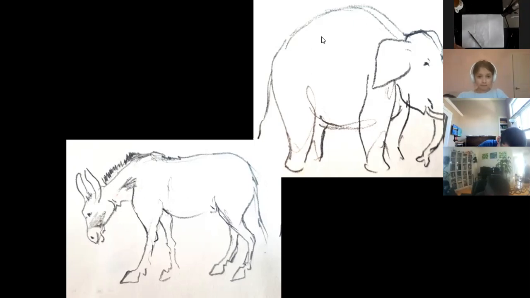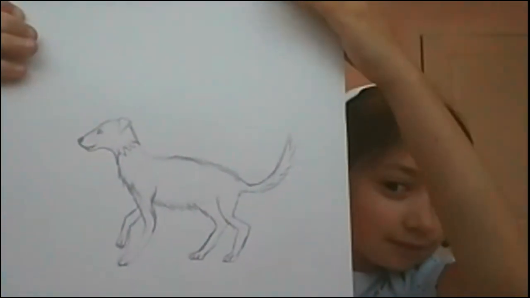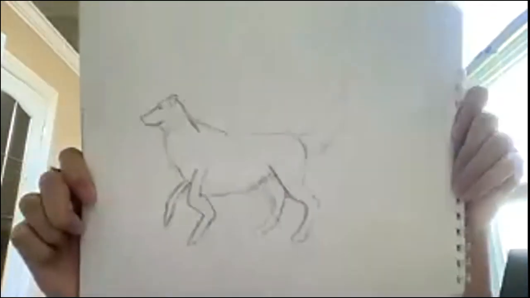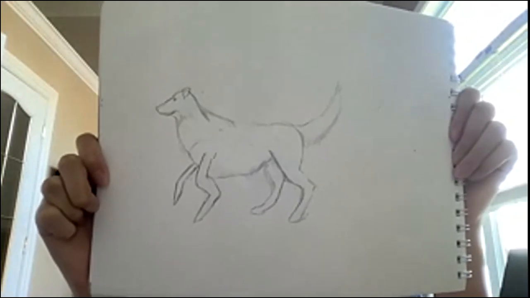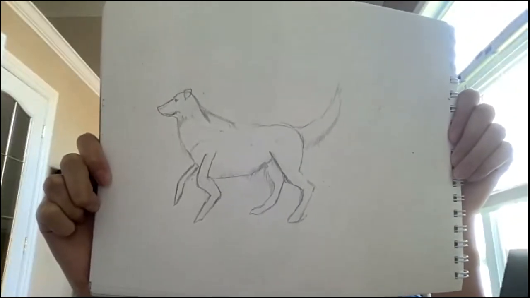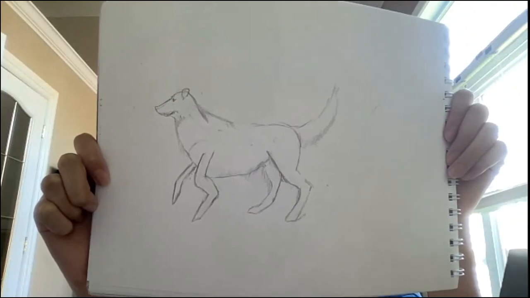All right. Let's check one more time. Still the same order. Olivia, please. Okay, sure. Here's mine. Good. That dog is furry. Thanks, Suhong. Good. But the front leg is a little bit, it curves too much.